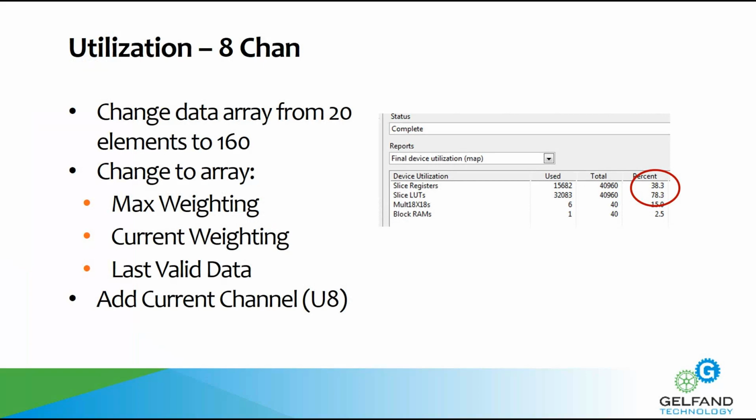Well, one way of doing that was to change my data array from 20 elements to 160 elements. That would have theoretically, and do a little bit with my other pointers.